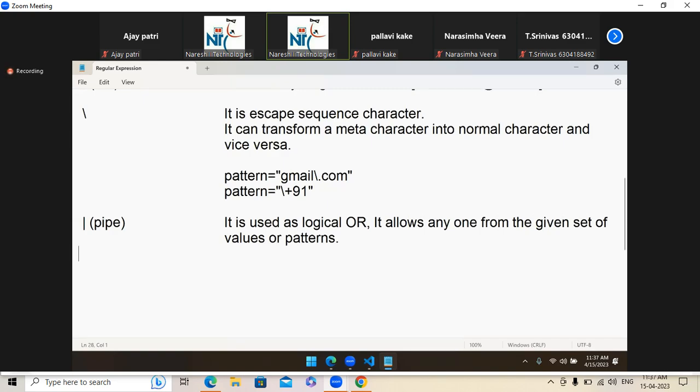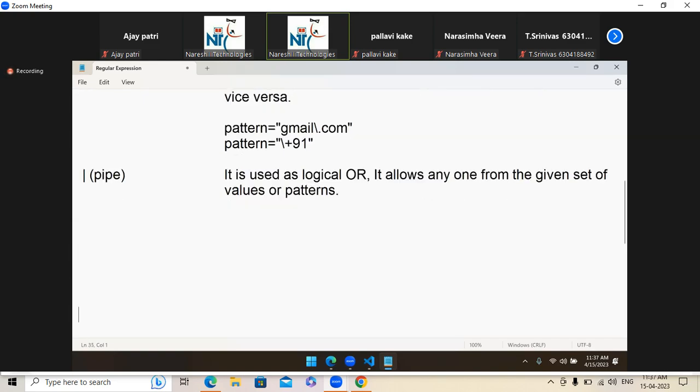For example, suppose I want to write a pattern like this: red, green, blue. Now, how do I write a pattern to allow only these three? Is there any similarity between them?